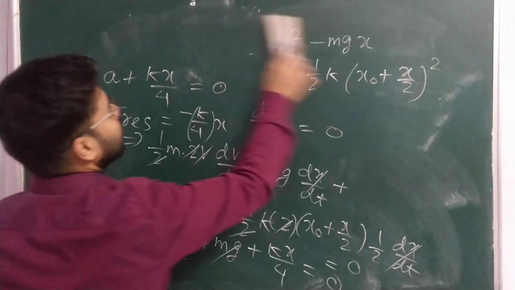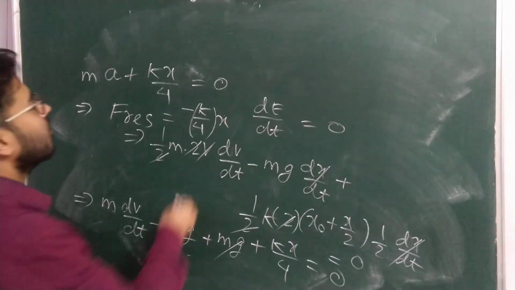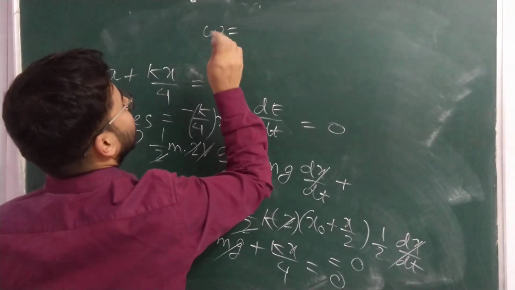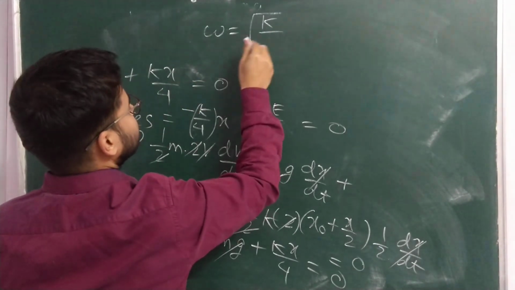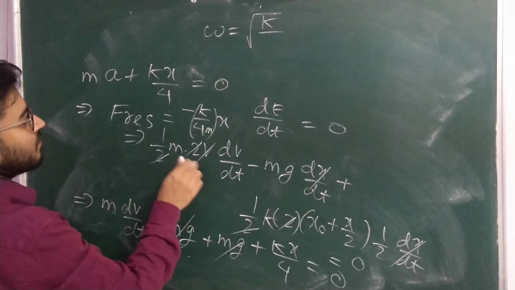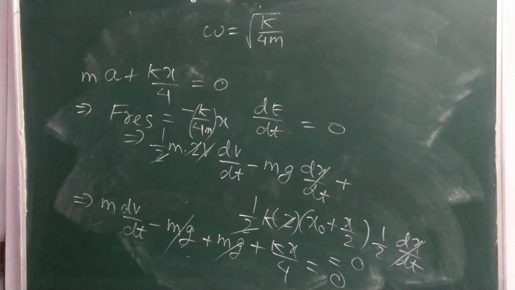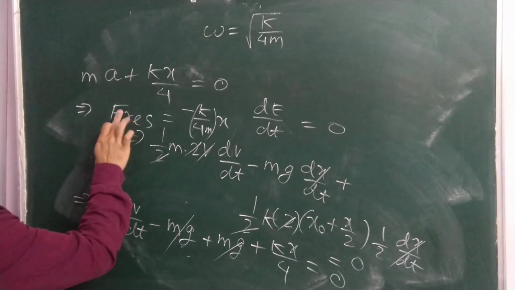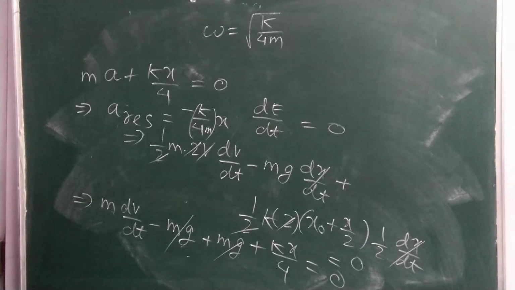If k by 4 is omega square, omega is root over k by 4. You will have a mass here also, k by 4m. Omega is root over k by 4m, okay, and this is the acceleration. Mass will come over here.